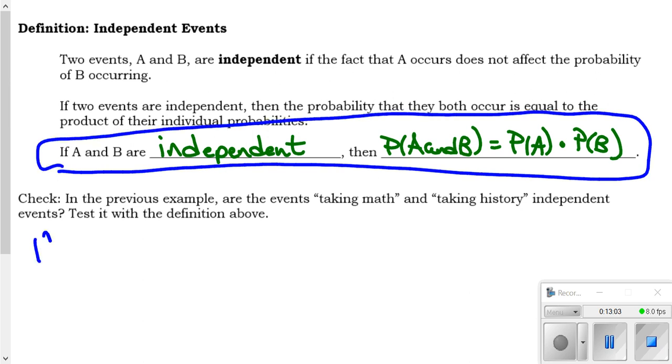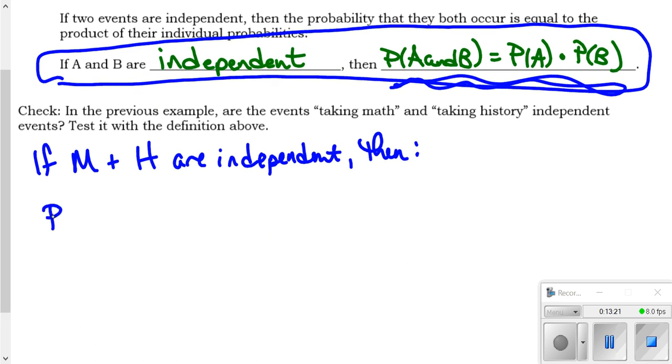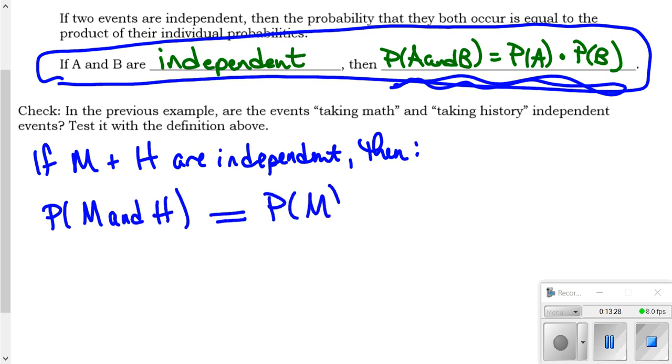So if math and history, I just abbreviated those, are independent, then this formula over here would have to be true for my two events. So the probability of math and history would have to be equal to the probability of math times the probability of history. Now, I have no idea if this is true or not because I don't know if these are actually independent events or not.